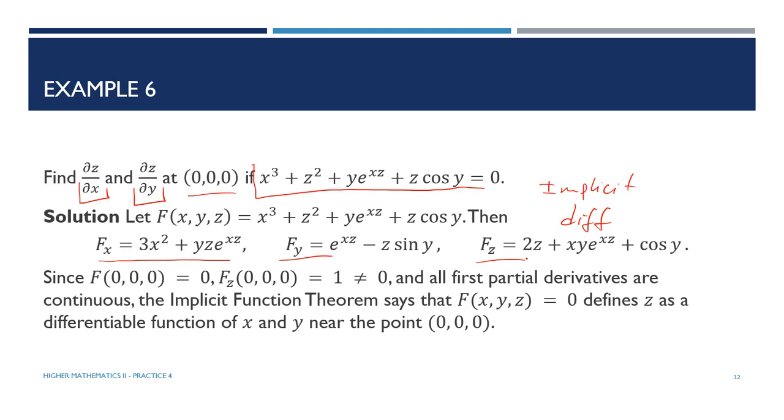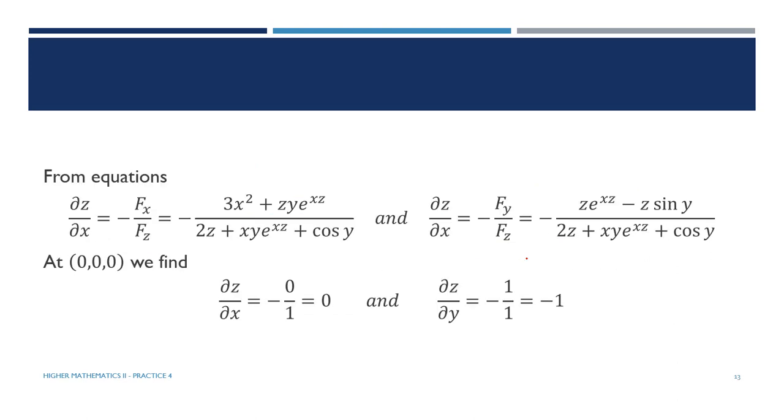And we'll need to check the partial derivative of f with respect to z at the point 0, 0, 0. If it's not 0, and all first partial derivatives are continuous, the implicit function theorem says f of x, y, and z equals 0 defines z as a differentiable function near the point. So we've calculated the partial derivatives of x, y, and z, and just put them into the formula.